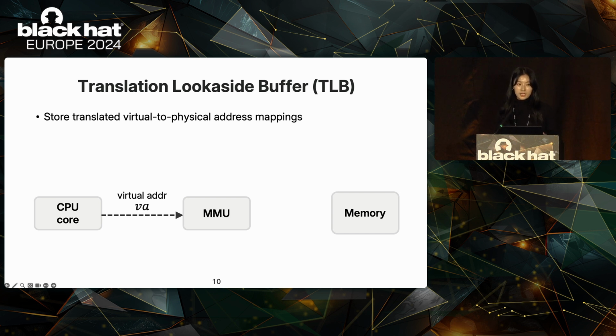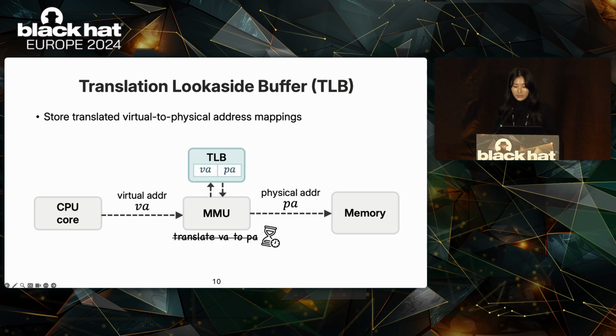However, this process can be time-consuming. To address this, the TLB stores recently translated virtual to physical address mappings. This allows the system to quickly retrieve the mapping from the TLB when accessing the same address again without performing the full address translation process. As a result, memory access is significantly faster, greatly improving efficiency.